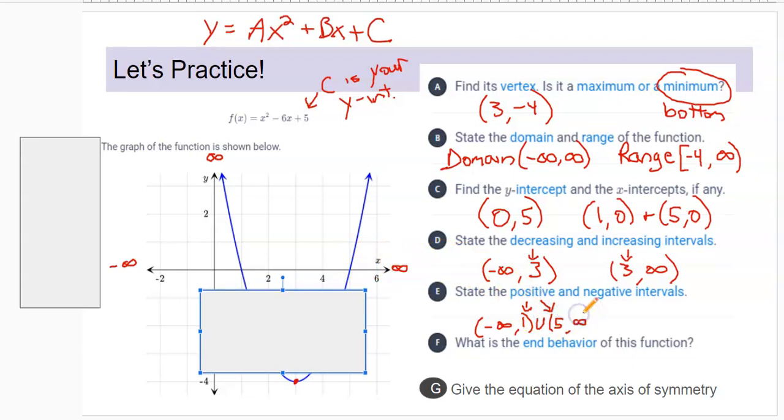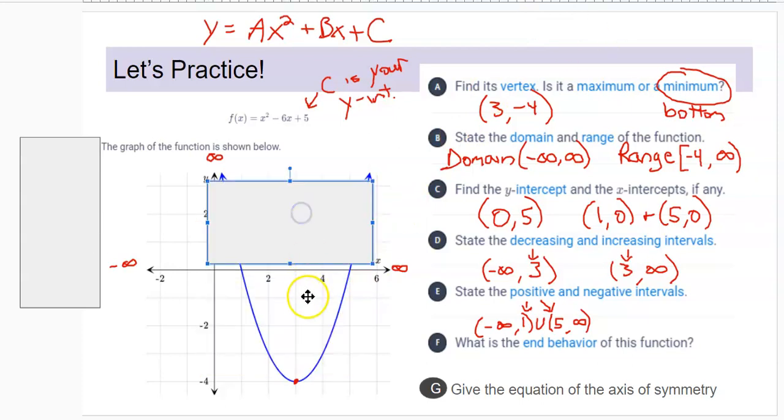So one of these is always going to have 2 parts to it because it's a U shape, and so it has to. The negative interval is the part below the x-axis. And in this case, that is from, remember you're looking at the x's, from 1 to 5. And so we describe that as from 1 to 5. Remember that this is an interval, not an ordered pair.